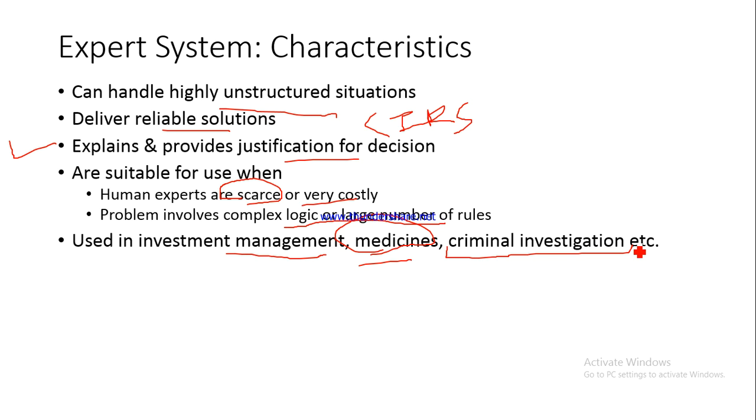Let's say in a crime scene somebody was killed. So how far from the body of the deceased were the blood stains found? And as user, you will have to provide your response. Okay, 3 meters from the body, 5 meters from the body, or something of this sort. And the criminal investigation expert system will let you know what was the weapon which was used to kill the victim, right? So this kind of job is performed by the expert systems, right?